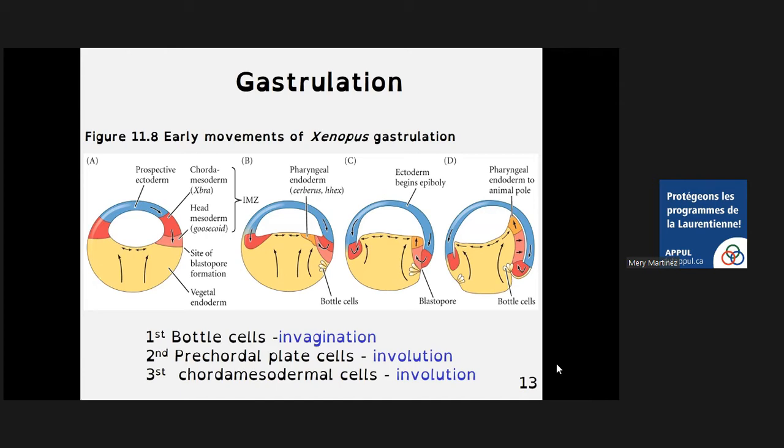Then the third type of cells involuting into the embryo through the dorsal lip are the chordomesodermal cells. And keep an eye on these guys, the chordomesodermal cells, because they are very important later in development, okay? These are the cells that will form the notochord. And as I said before, the notochord is a very important structure.